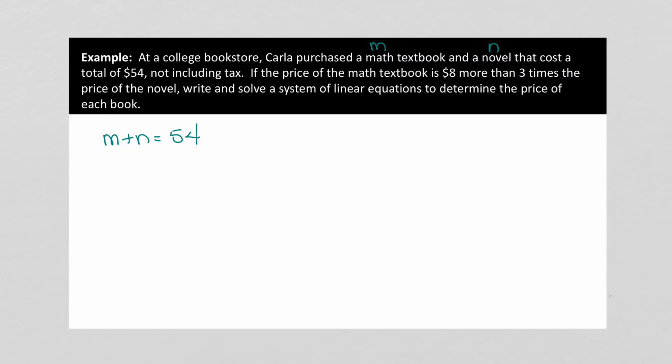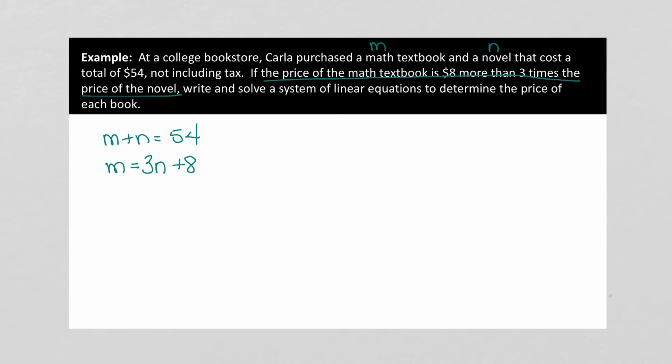And then we're also told this situation. The price of the math textbook is 8 more than 3 times the price of the novel. 3 times the price of the novel plus 8.